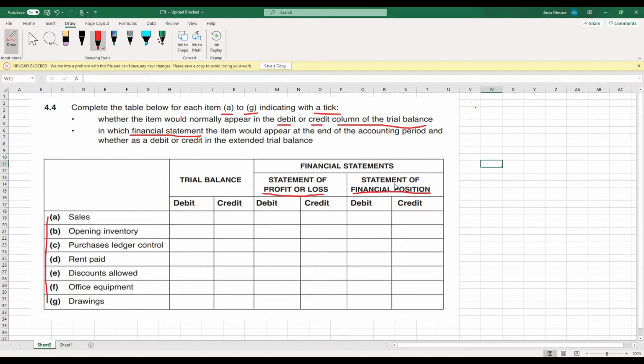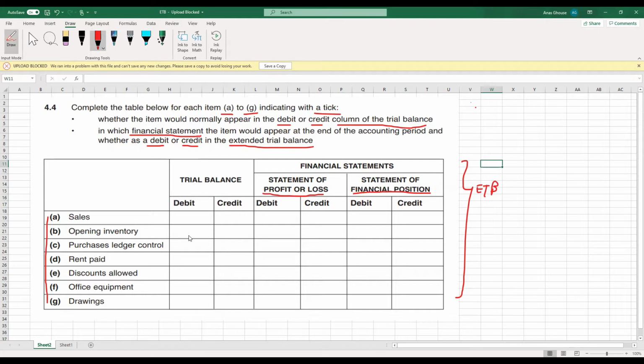So we need to identify whether these items would appear at the end of the accounting period, and whether as a debit balance or a credit in the extended trial balance. This kind of presentation is known as the extended trial balance.